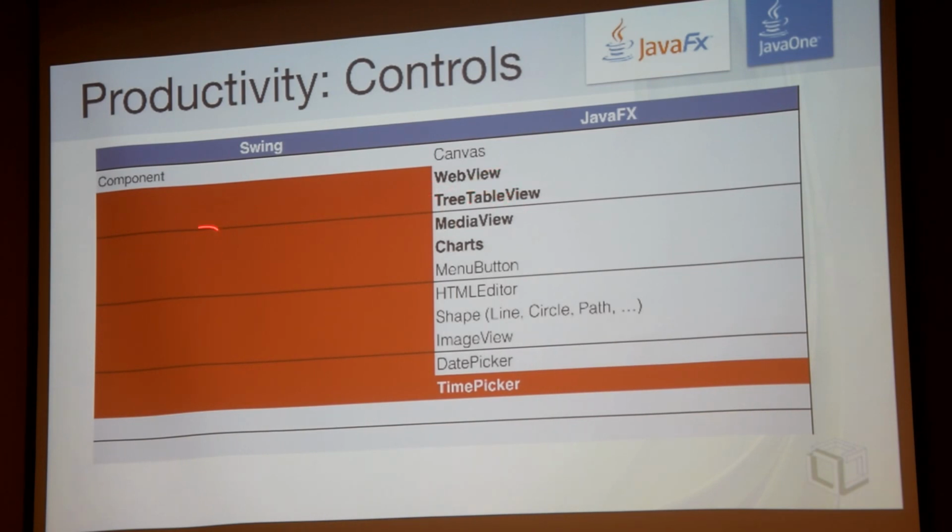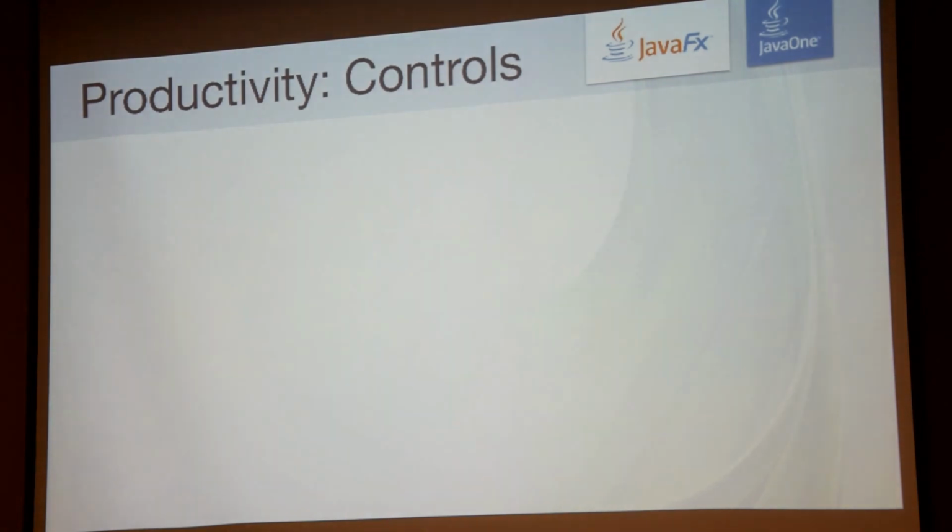So far, you only had a table view or a tree view, but not a tree table view. You get a media view that allows you to play back a video. You get a small set of charts, like bar charts, pie charts, line charts. There's something called a menu button, that when you click on the button, it shows your context menu, and so on and so on. So there are a couple of things that you now have at your disposal that you did not have before.